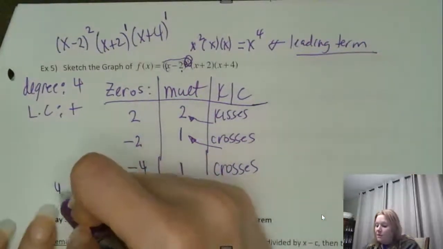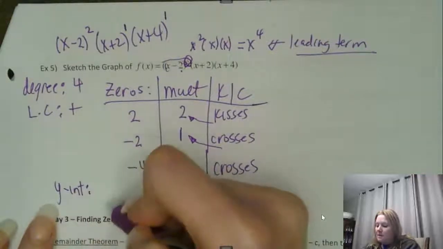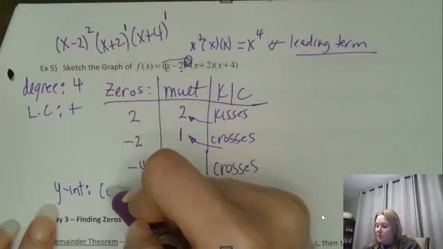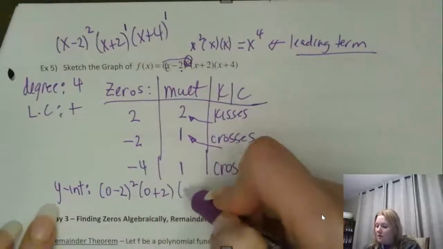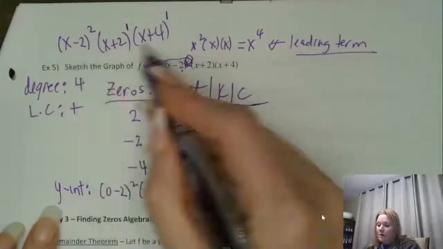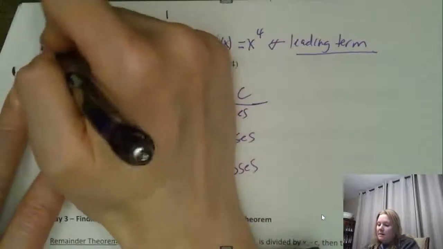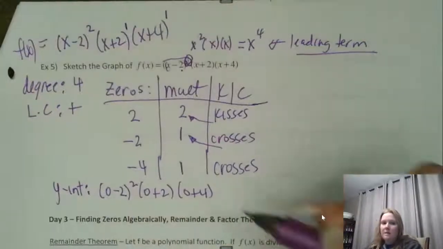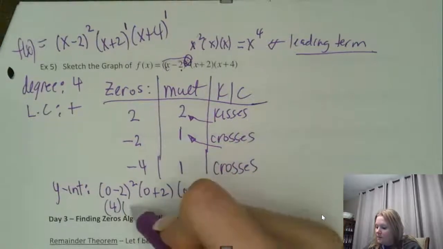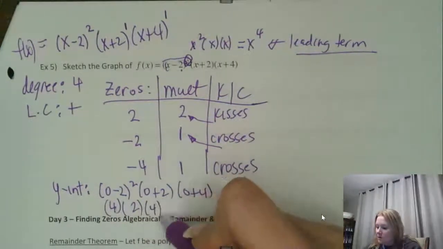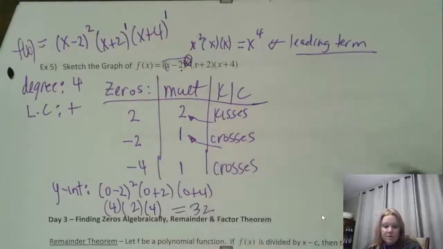The other thing we usually get is a y-intercept. Y-intercept is the y value when x is 0. So I'm plugging 0 into that. It's my f of x function. So this is 4 times 2 times 4, which is 32.